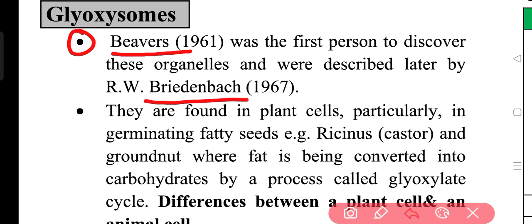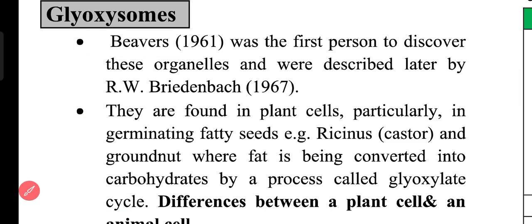Look out for this name of the scientist. The second point is that they are found in plant cells, particularly in germinating fatty seeds like castor and groundnut, where fat is converted into carbohydrate by a process called the glyoxylate cycle.